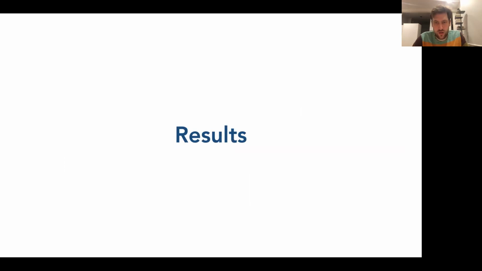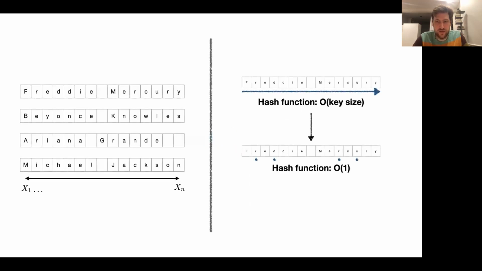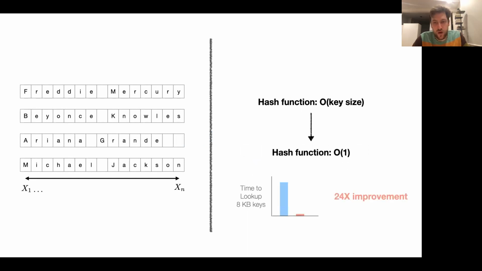Overall, our results show first that for very large data sets, this increase in asymptotic efficiency produces very large benefits. So for example, when looking up 8 kilobyte keys, such as you might see in deduplication of file blocks, this produces a 24x improvement in hash table lookups.